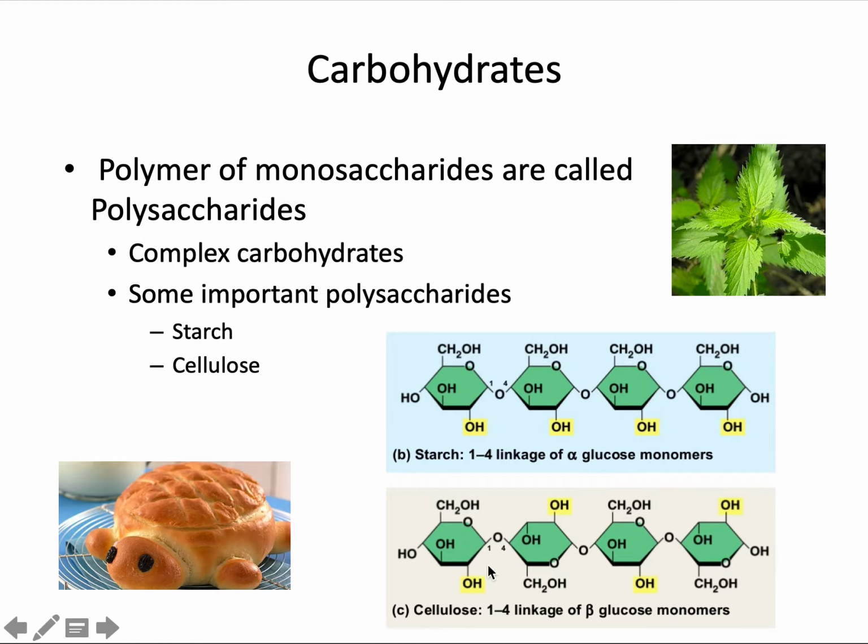And then you have 1,4 linkage of the beta glucose monomers. What you will notice is that for alternating monomers in the cellulose, the OH is on the opposite side, so there's one on this side and one on the other side, whilst in starch, they are on the same side.